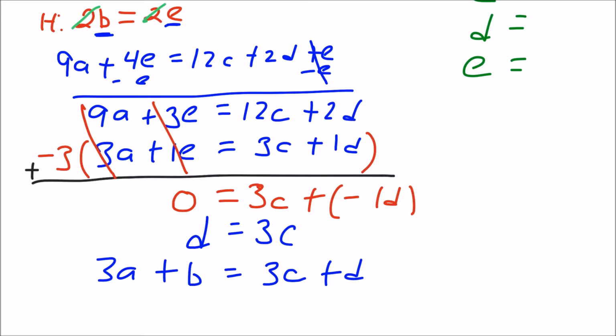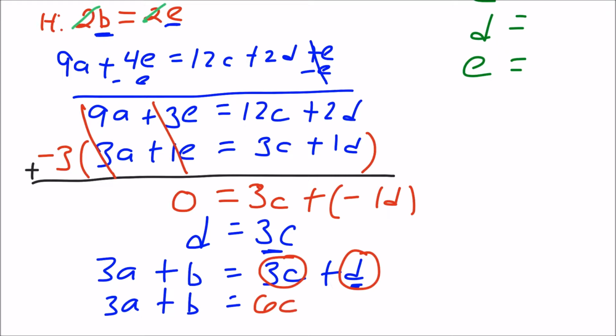I know what A is and I know what C is, and I chose 3 for both of those. And I know that D is the same thing as 3C, right? So that means I have 3A plus B is equal to, so let's see, I have a 3C right here, and this is also 3C. That means that I have 6C over here, right?